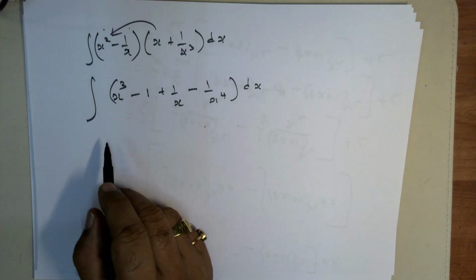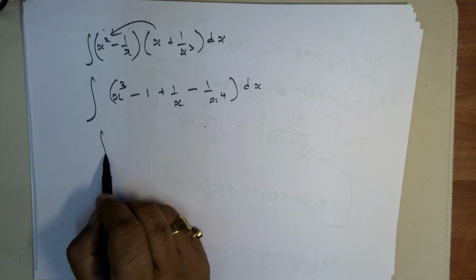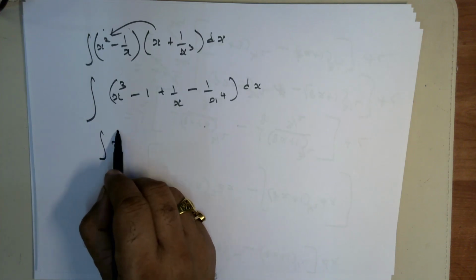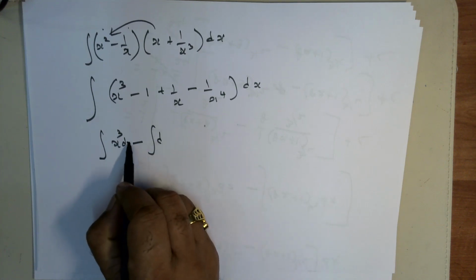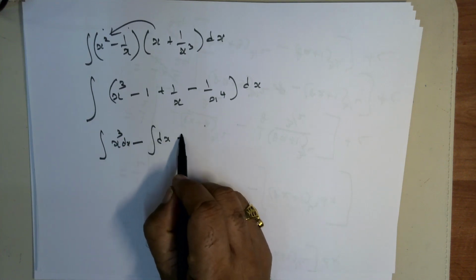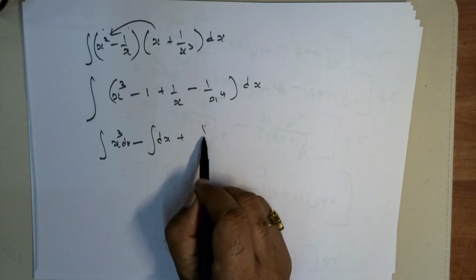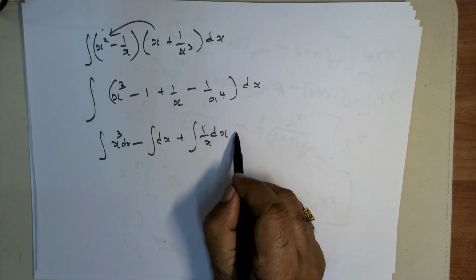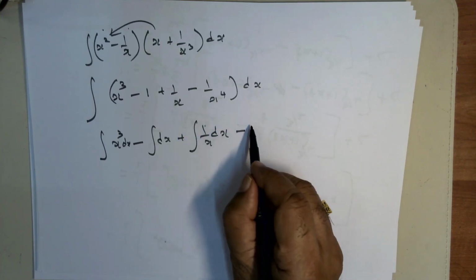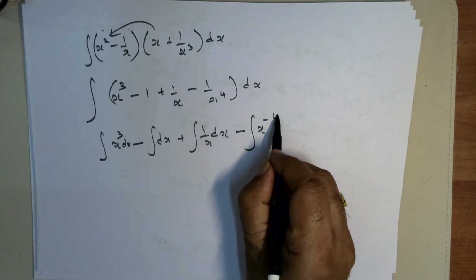Now you can separate it. So x cube minus dx, here also dx, plus 1 by x dx, and then minus, you can bring this as x power minus 4.